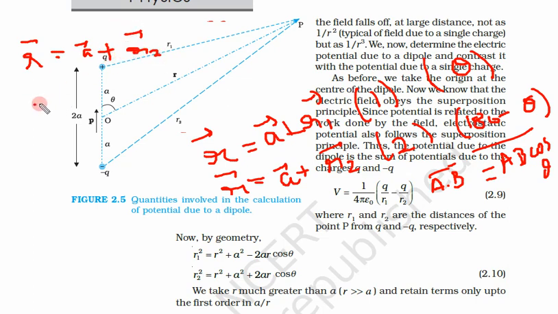So from this, R2 is equal to R minus A, and then again square. So R2 dot R2, same angle, that means R2 square is equal to the whole square of this, R square plus A square minus 2AR.